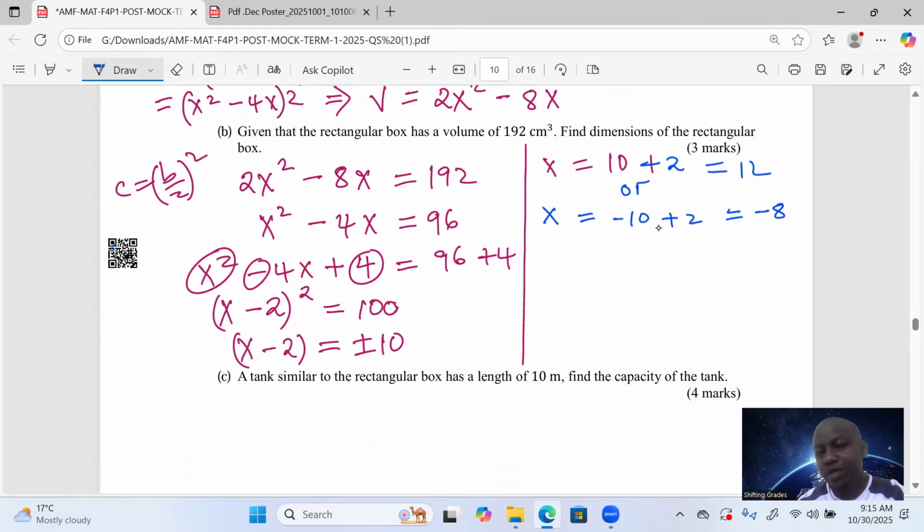Now that we are dealing with length, the value of x cannot be negative.